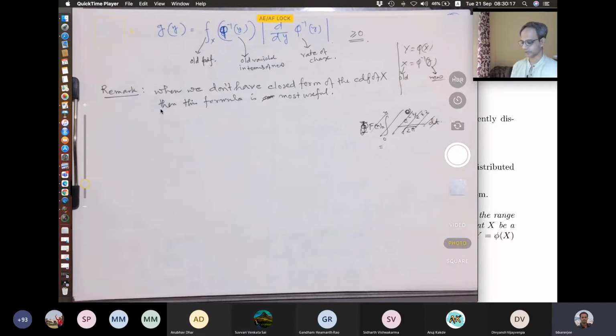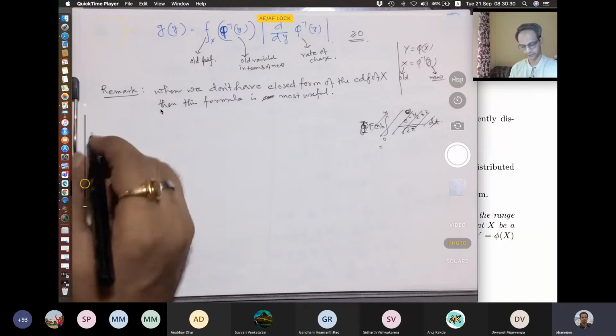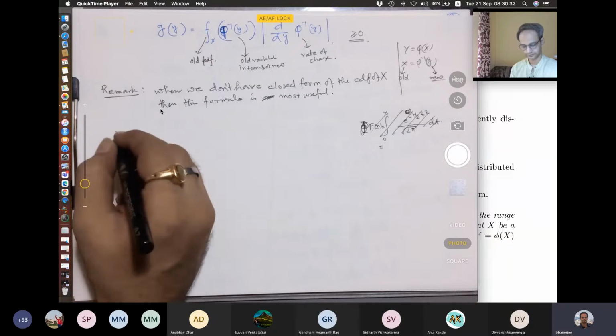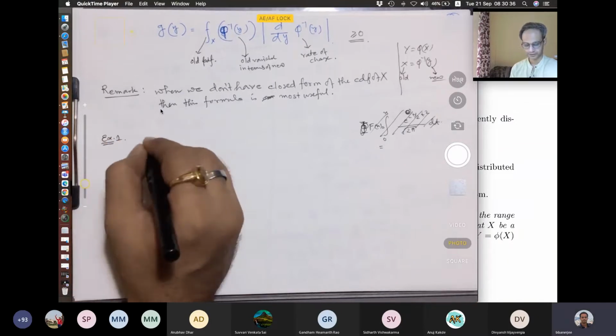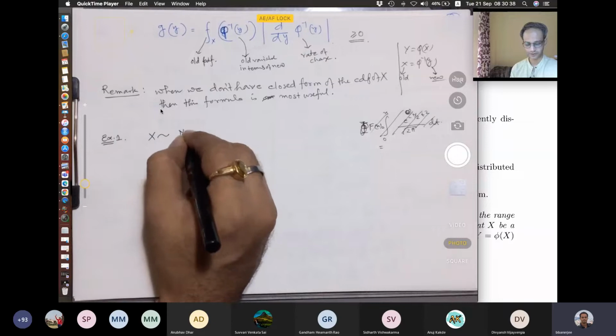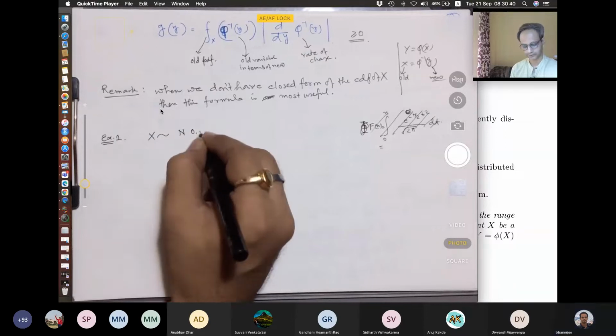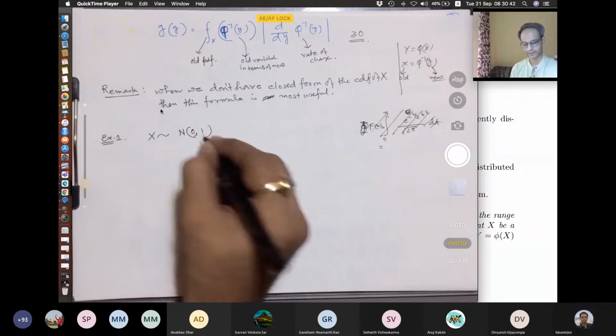Anyway, so let us do some exercise. It will be easy for you, not too difficult. First of all, you get the CDF. So do the normal exercise 1. X follows normal 0, 1.